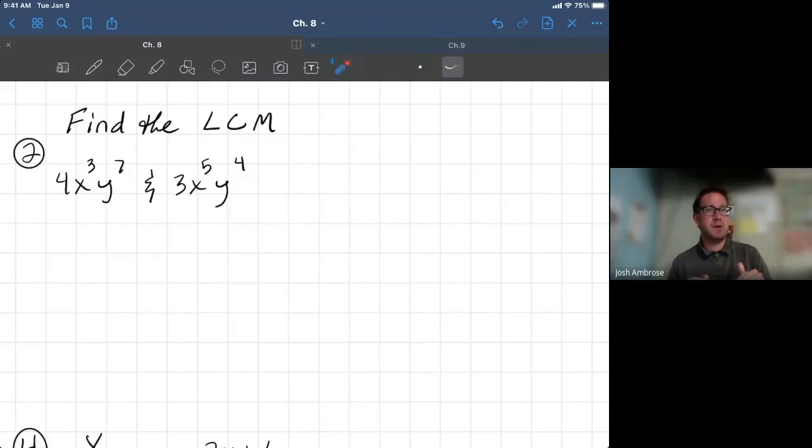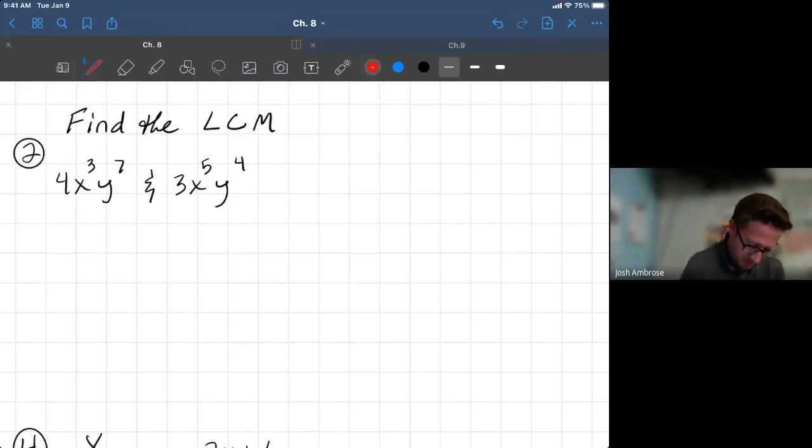It's a number bigger than, for example, 3 and 4, but they both fit into it. It's the smallest bigger number. I know it doesn't seem to make any sense here, but follow along with me. You'll get the logic as we do it. Okay, so as I just said, what is the smallest but bigger number that 4 and 3 can fit into?